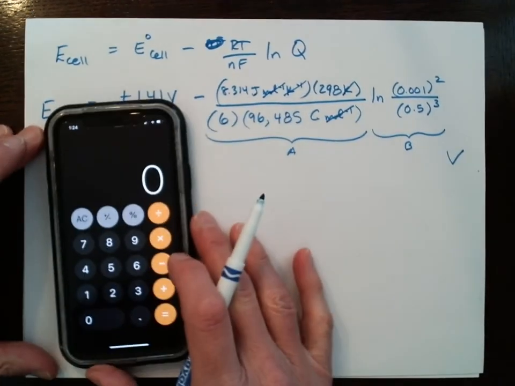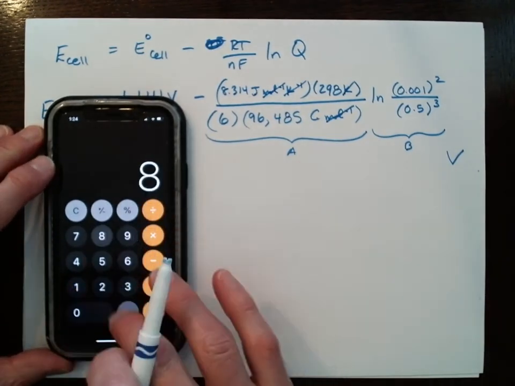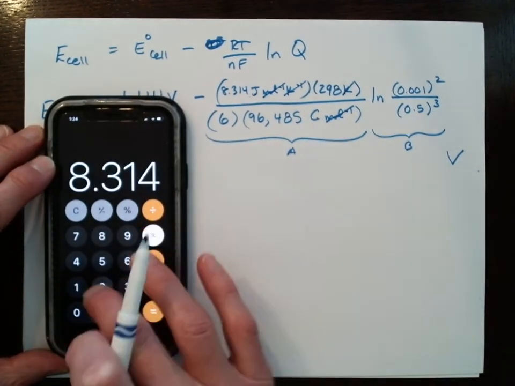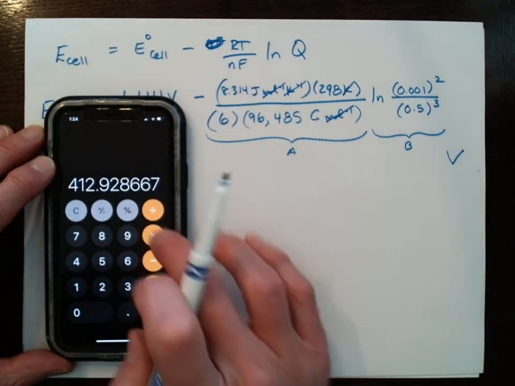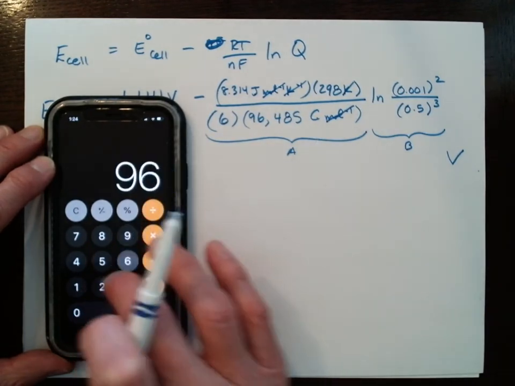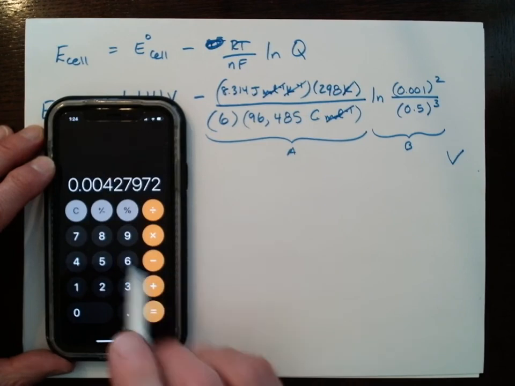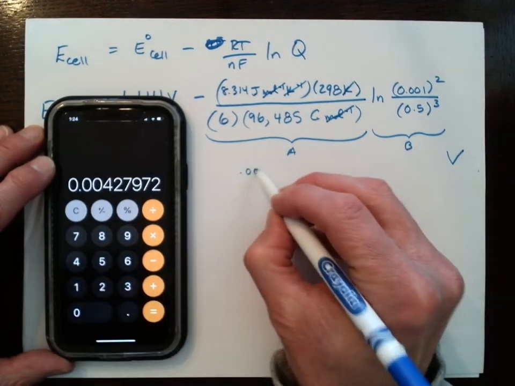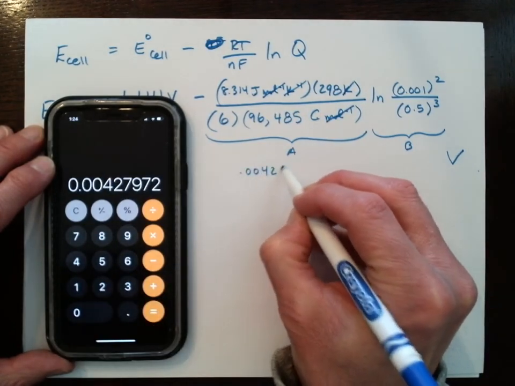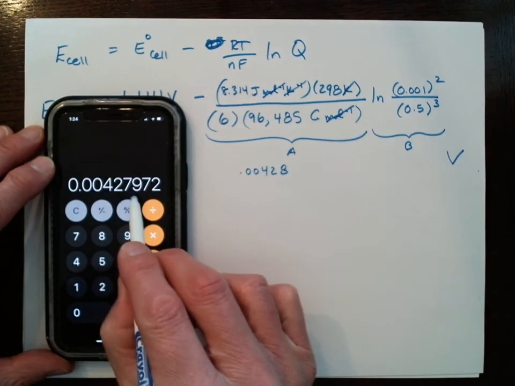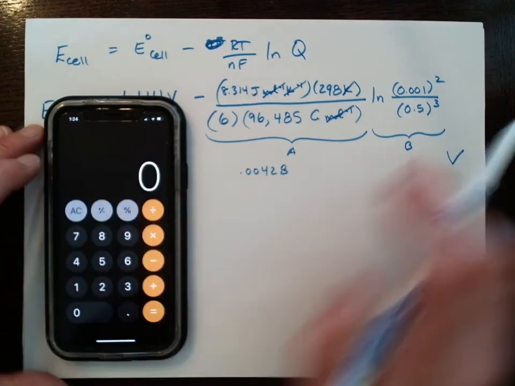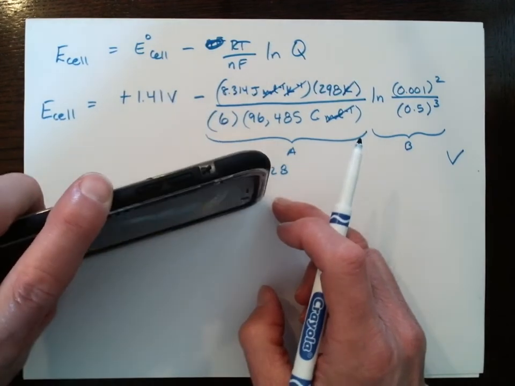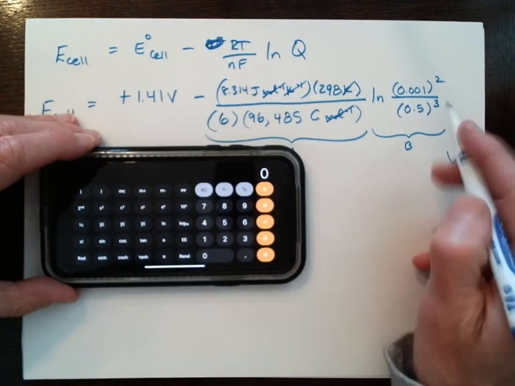And let's see. This part here should be 8.314 times 298. I need to divide that by 6, and then I need to divide that by 96,485. That's going to be 0.00428. I'll take it to 3 digits. And then part B, that needs to be the natural log of 0.001 squared.